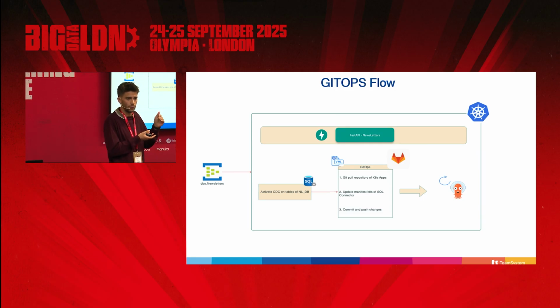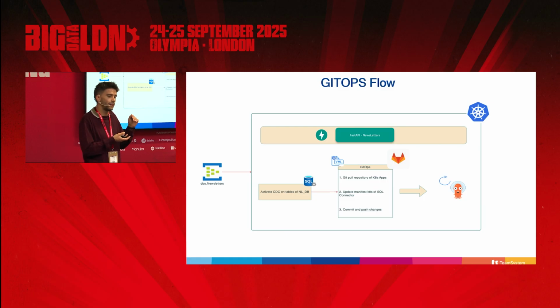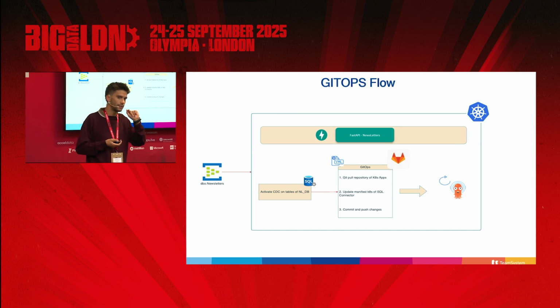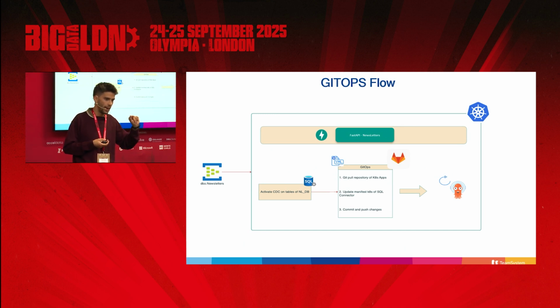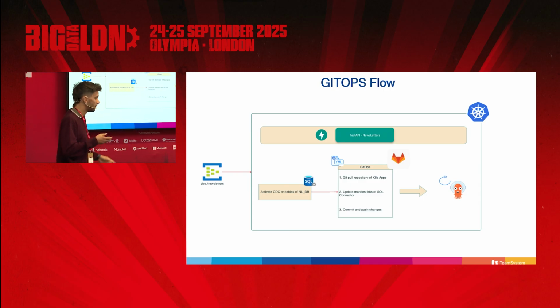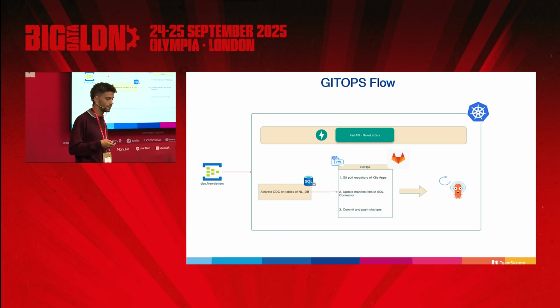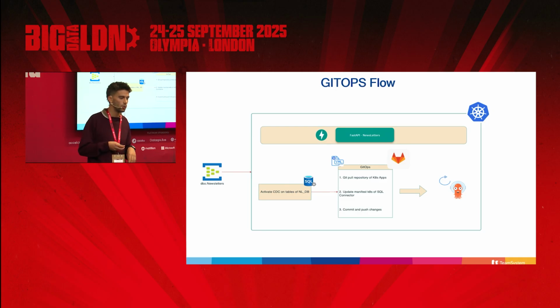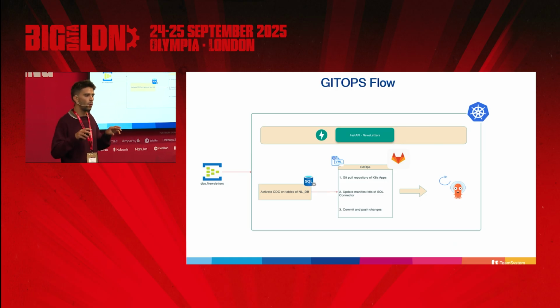Then you update the database.names field list, where you need to add the new database. Then you can commit and push these changes, and automatically Argo CD will take these changes and apply them on the Kubernetes cluster. So in near real time, you have all the information updated like the reality.